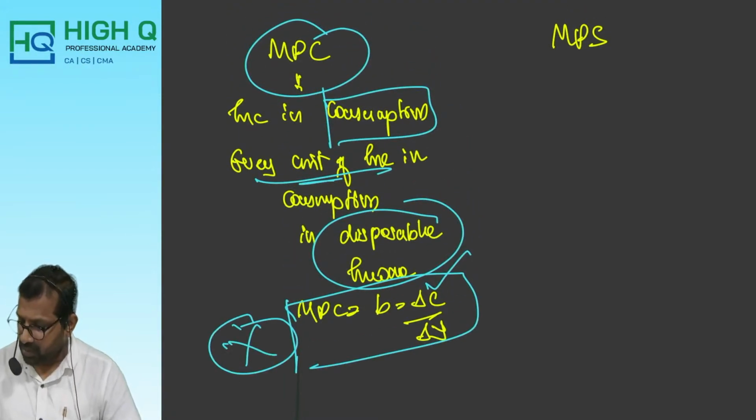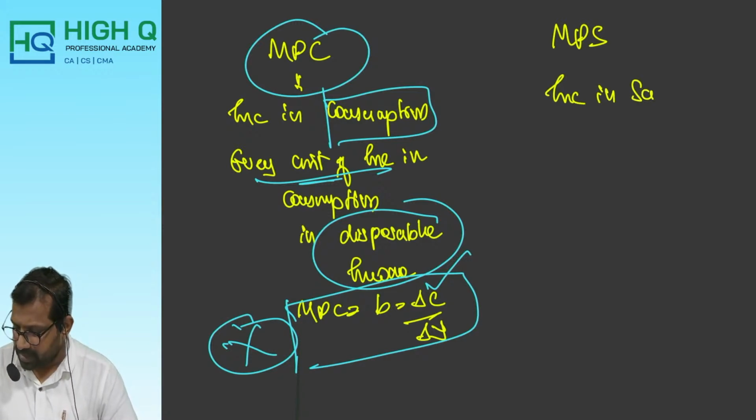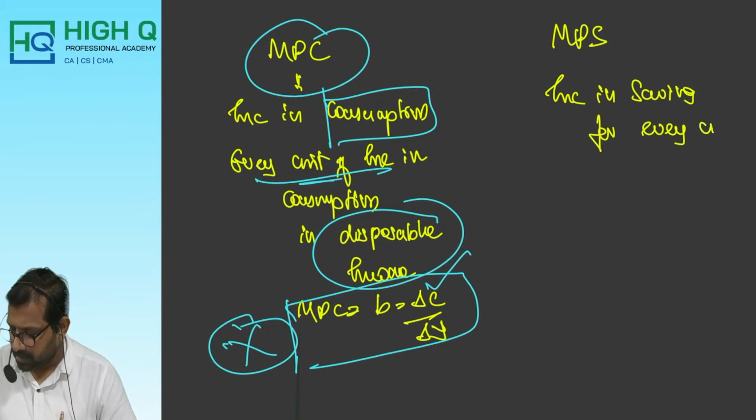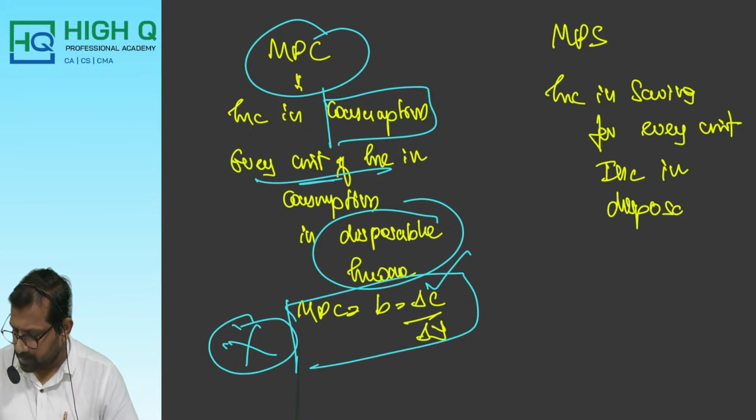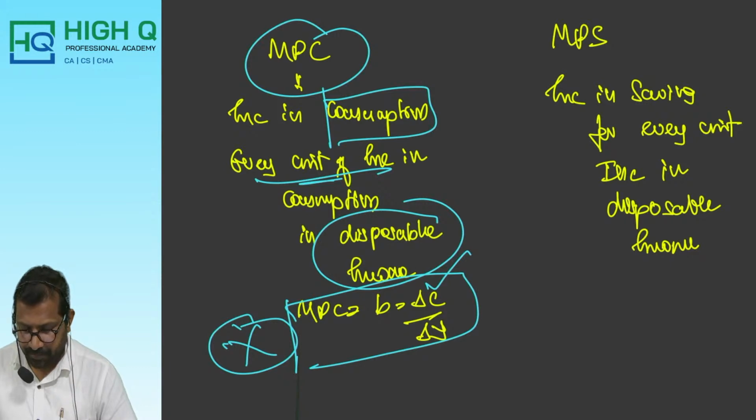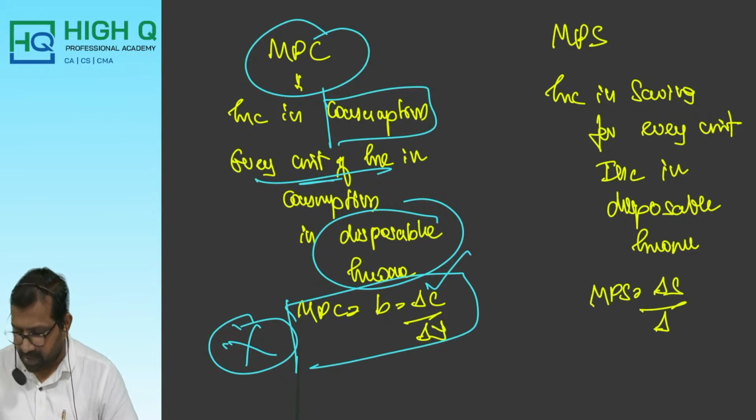In the same way, what is the formula to calculate MPS? Increase in saving for every unit increase in disposable income. Therefore MPS equals change in saving divided by change in income, or 1 minus MPC.